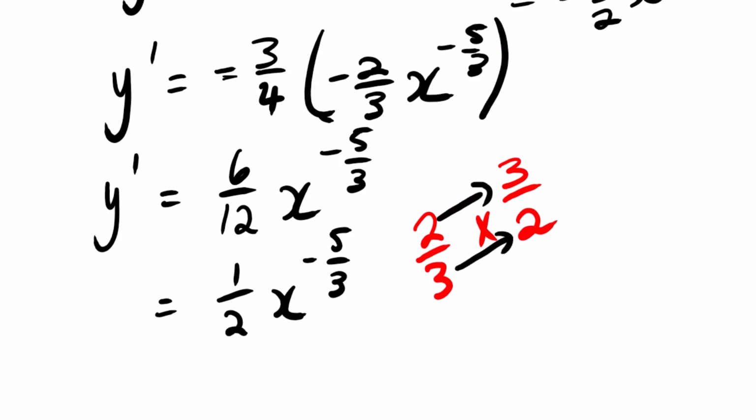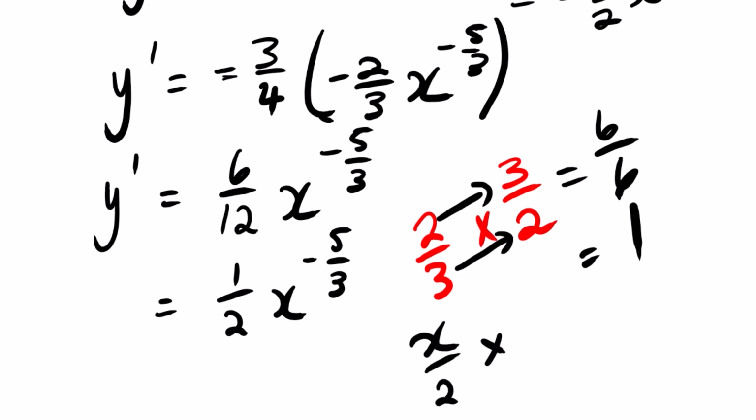Numerator and numerator, denominator and denominator. 2 multiplied by 3, it's 6. 3 multiplied by 2, it's 6. And then your answer will give you 1. x over 2 multiplied by 3 over y. So numerator and numerator is 3x over 2y.